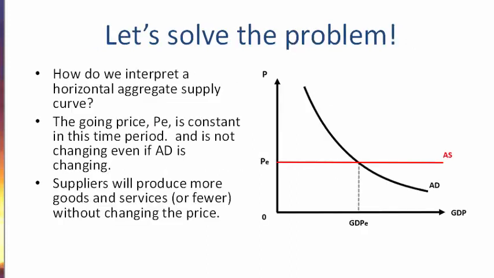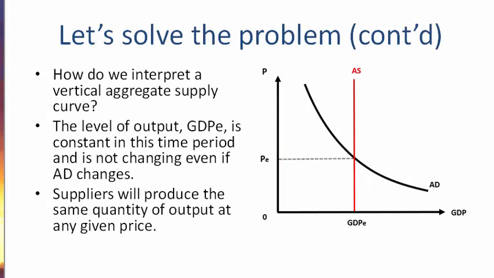Okay, let's use this information with the aggregate supply, aggregate demand diagram. What if we have a horizontal aggregate supply curve? This tells us that the price value on the vertical axis is going to be constant, and so it's not going to change regardless of what the GDP value is determined by aggregate demand. So if we had shifts in aggregate demand, the equilibrium price would remain constant because of the horizontal aggregate supply curve.